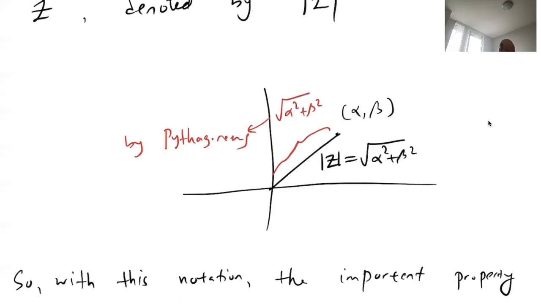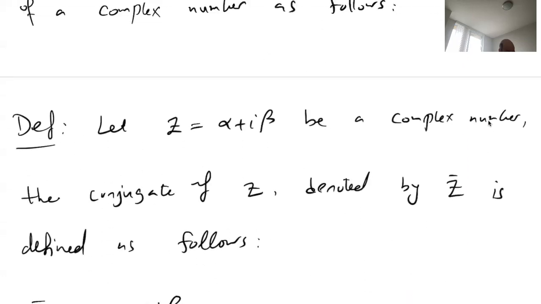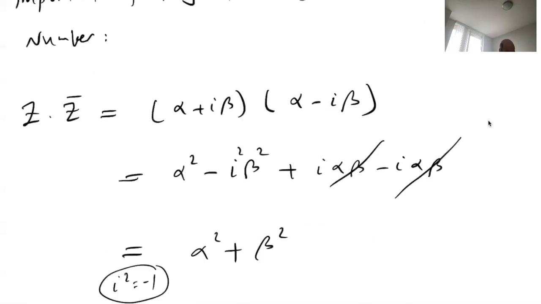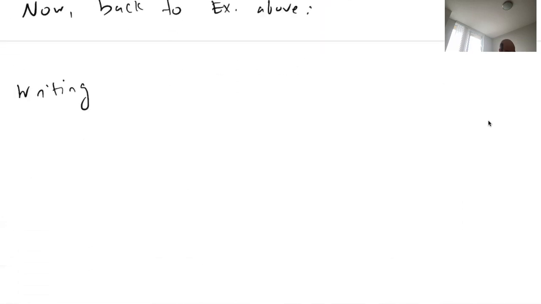So now back to the example above. Writing 3 plus I over 2 minus I in the form alpha plus I beta.